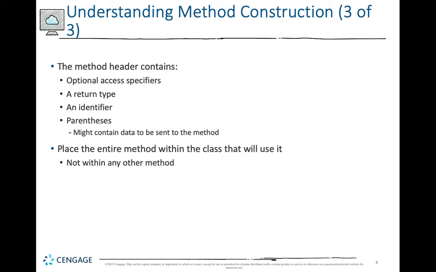Make them represent the logic that they're doing. Method headers or method signatures, they always contain parentheses. The parentheses is important for designating the types of parameters that they might accept or the data that might be passed in.